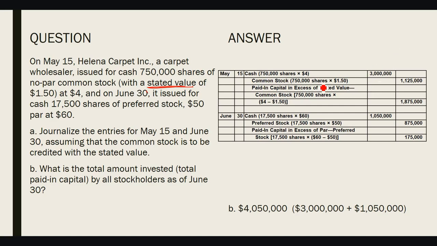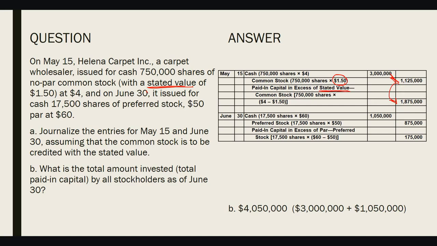Remember, common stock must be listed at the par value. So we take the shares that were sold times their par value, $1.50, and that comes up to $1,125,000. The difference between the two is recorded and stored in the PIC account, paid in capital in excess of stated value, because we don't have par value, but we call it the stated value for common stock.